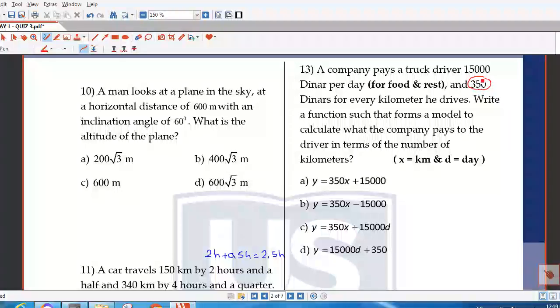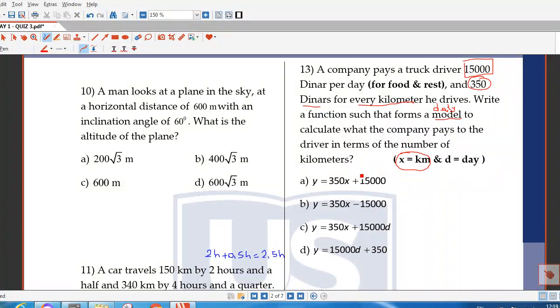Since 350 will be the payment for every kilometer, and kilometer in our problem will be used by x, 350x is what is going to be the payment for the driver after taking x kilometers, and 15,000 is the fixed price for daily payment. Since day is not mentioned, we are going to assume this is a model for a daily payment.